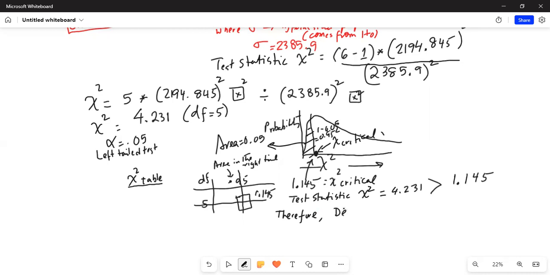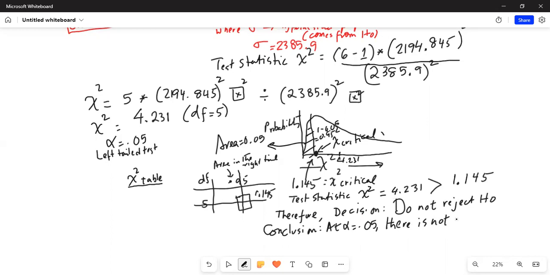Since 4.231 falls somewhere over here, and the critical value 1.145 is over here, 4.231 is greater than 1.145 and it is in the non-shaded area, where the decision is do not reject H0. So the conclusion is, at alpha equal to 0.05, there is not enough evidence to support HA.